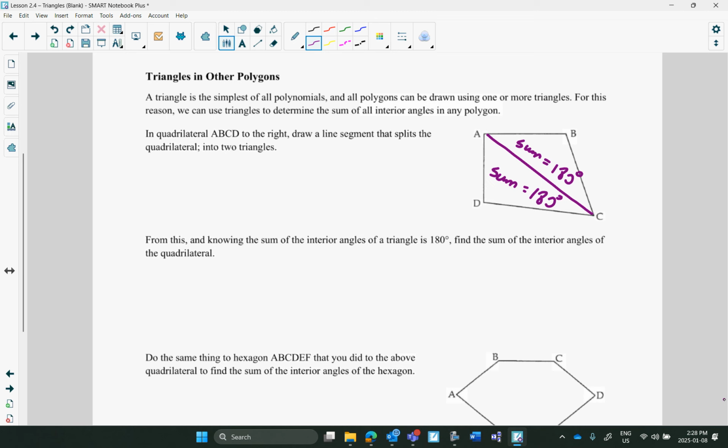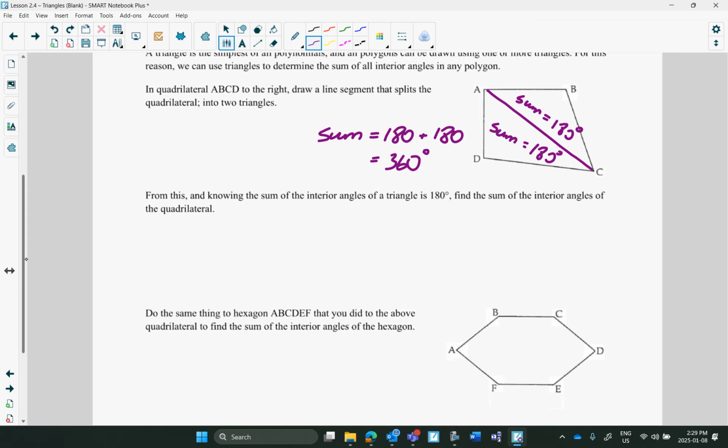Okay? So the sum equals 180 plus 180 equals 360 degrees. Oh, sorry, I shouldn't have had it down here.